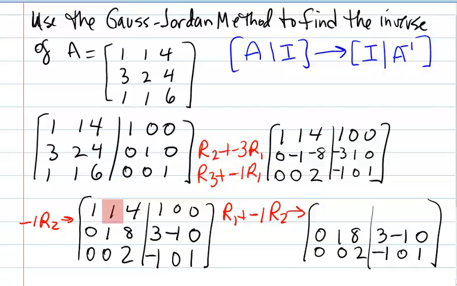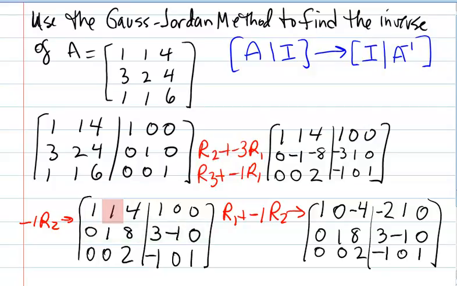And I'm changing row 1. Negative 1 times 0 plus 1. Negative 1 times 1. That's a negative 1 and positive 1, 0. Negative 8 plus 4. Negative 3 and 1. Negative 1 times negative 1 is positive 1 plus 0. And 0 plus 0 gives me a 0 in that position.